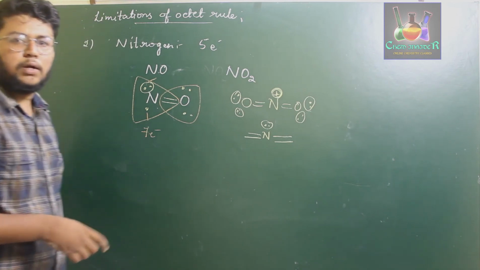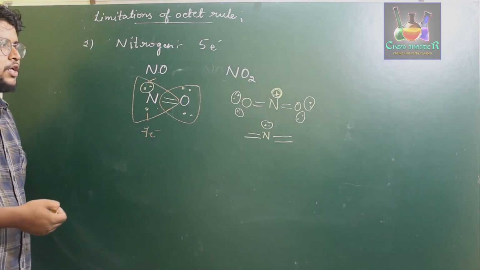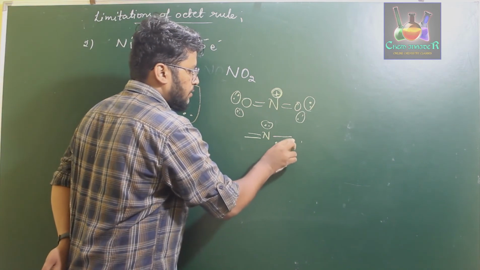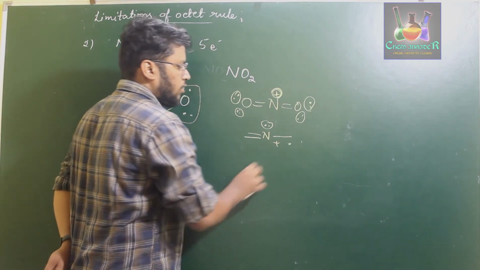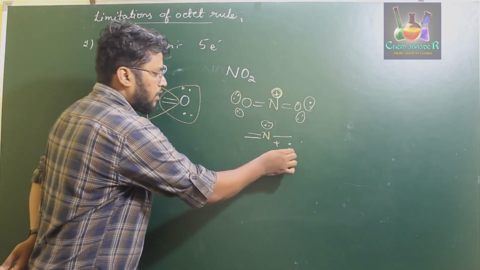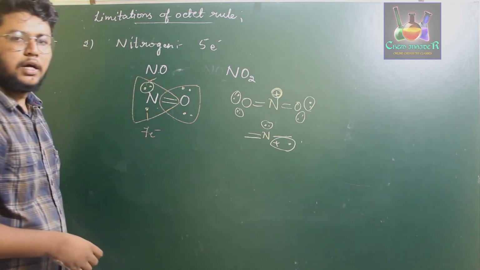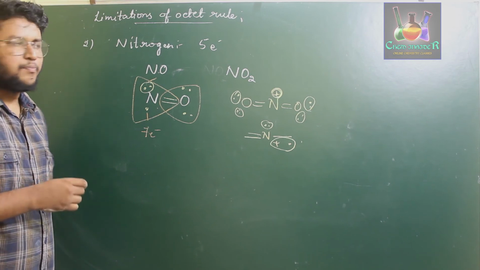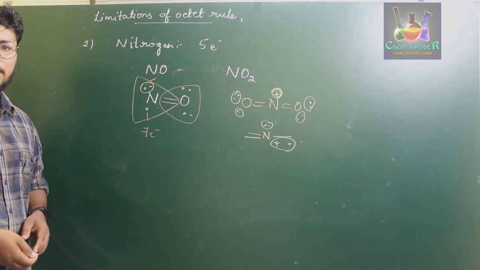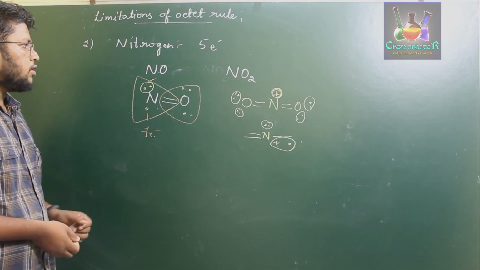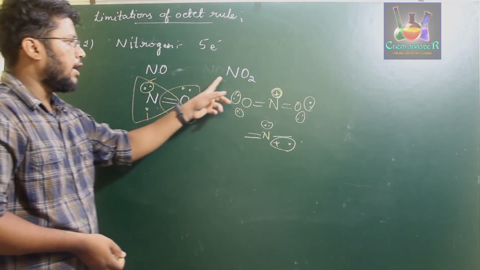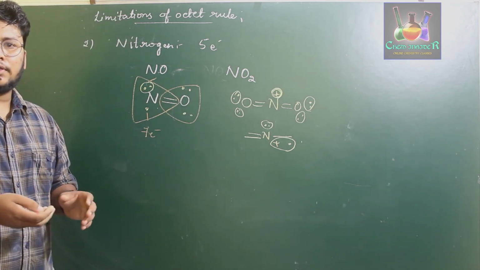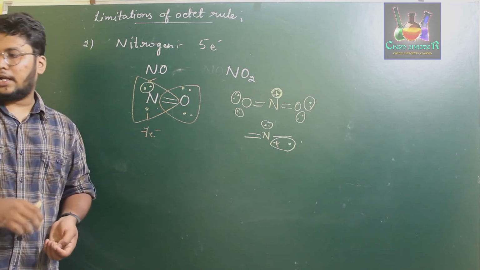So totally it had 1 extra pair of electrons, clearly showing that it has 1 more electron compared to the other. So the electron present over here is because of the positive charge and an electron of oxygen. So this particular bond resulted in the additional charge present on nitrogen, even though it was not supposed to carry any charges. So this is the second exception, that is an odd number of electrons in molecules such as nitrogen monoxide and nitrogen dioxide, which clearly created certain complications in the octet rule's stabilization concept of 8 electrons.